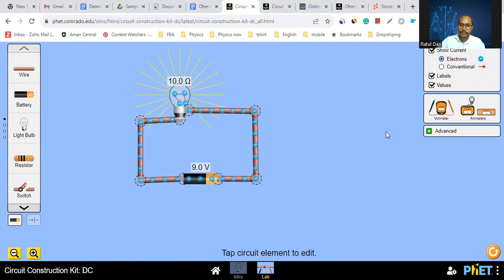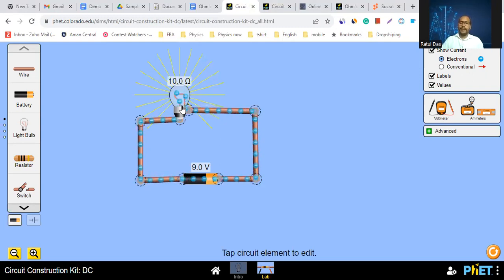You can also see the values from here. If you tick on this box, then you will see the values. This is a 9 volt battery, and here is the bulb. The resistance of the bulb is 10 ohm. Okay.